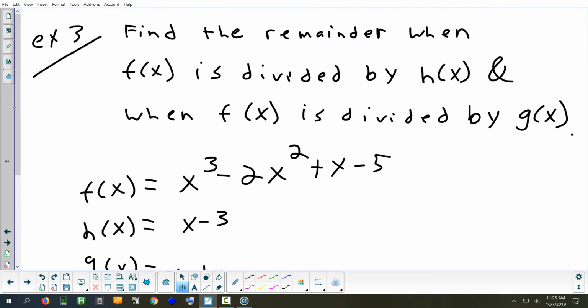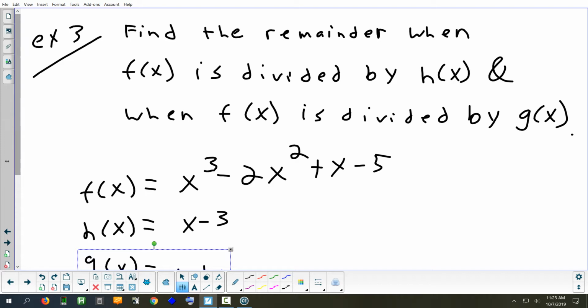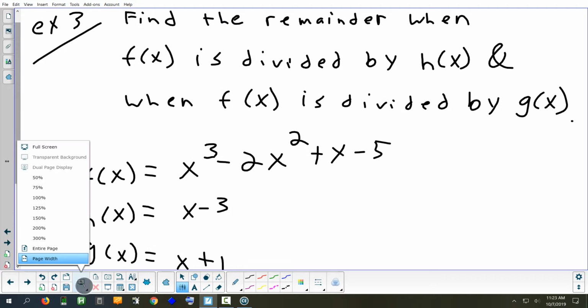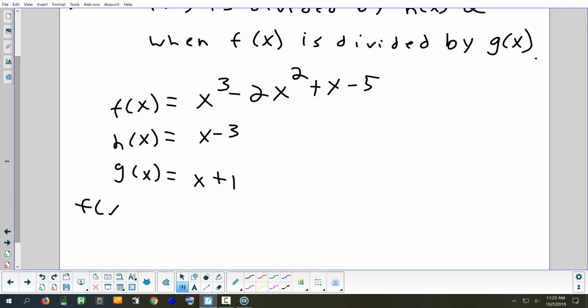So all I want here is the remainder when you divide f of x by this first, and then a separate problem dividing by g of x. So let's start with dividing f of x by h of x. So f of x divided by h of x.